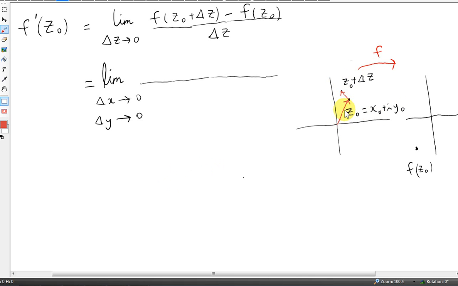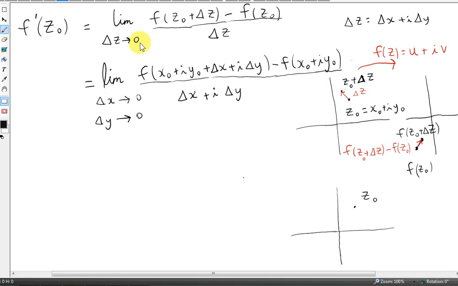This vector represents the complex number z0 and this vector here represents the complex number delta z. Now delta z involves a change in x, delta x, and a change in the imaginary part of the complex number z0, which we will call delta y. So we can write delta z as delta x plus i times delta y.